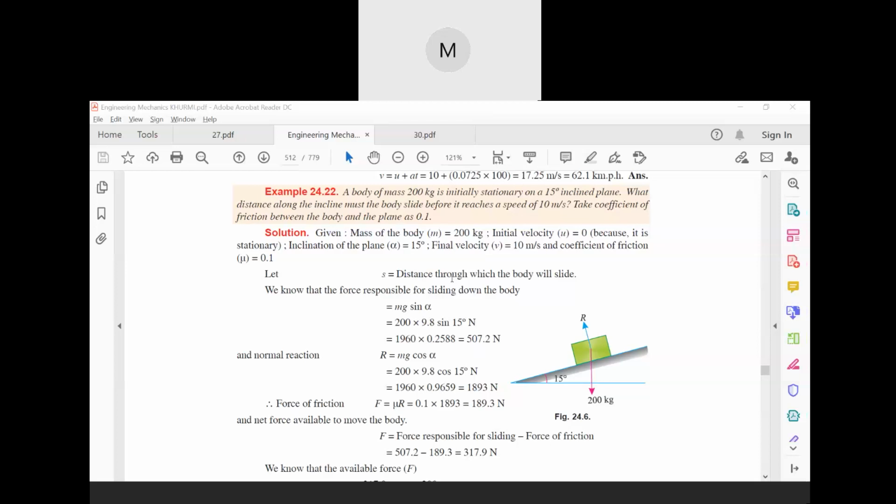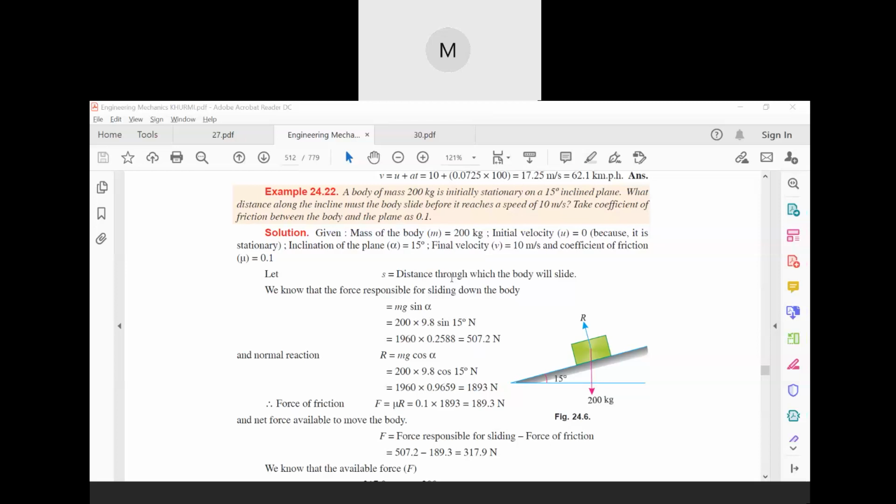Now you have to find what distance along the inclined plane the body must slide before it reaches a speed of 10 meter per second. We have to find basically the distance. Now you have to take the coefficient of friction between the body and the plane as 0.1.